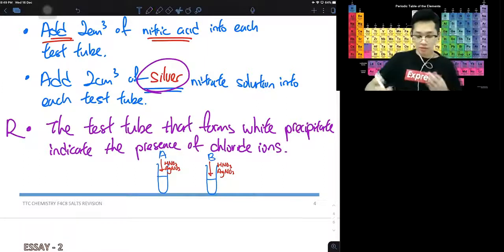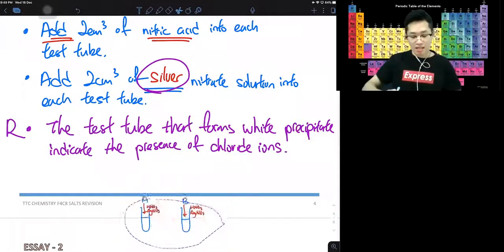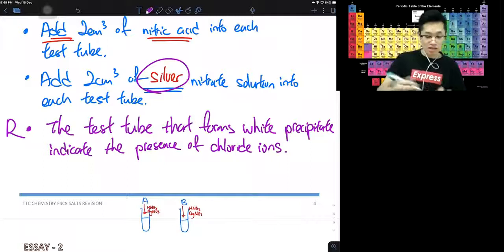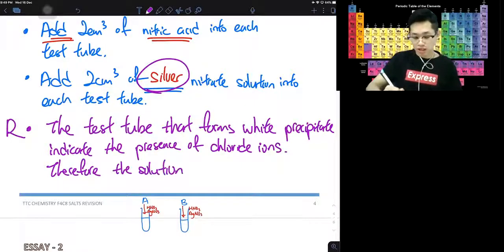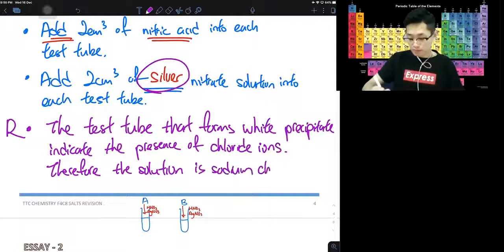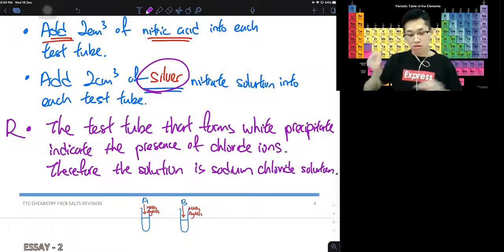As long as you are telling the correct thing, there is no way they can minus your mark. Let's say I don't know, I'm very scared they don't give me mark. Therefore, the solution is sodium chloride solution.